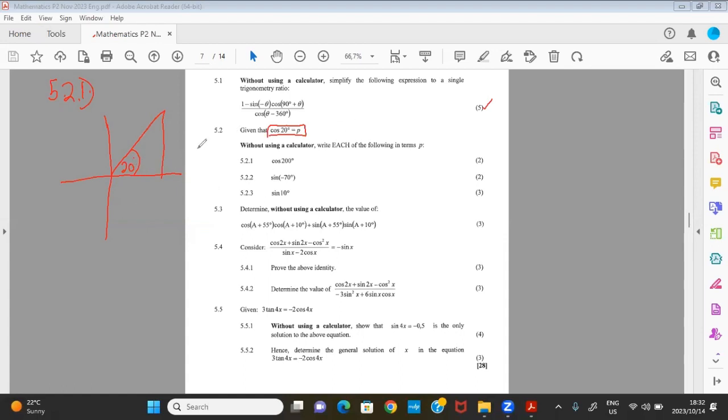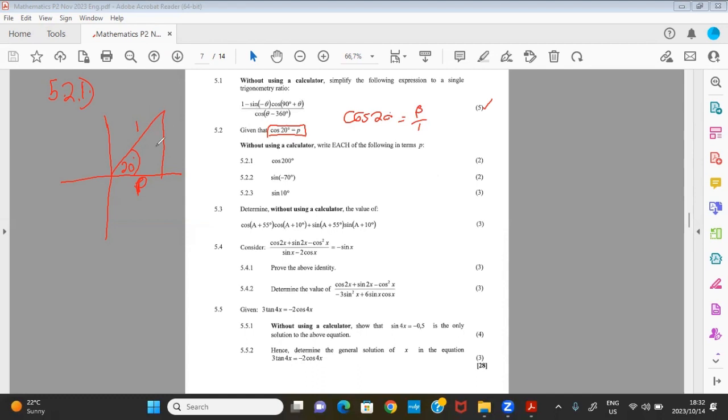If the cos of 20 degrees is equal to P, that's now my adjacent over the hypotenuse. So I'm going to have P here, and then I'm going to have 1, because it's the same as cos 20 equals P over 1.